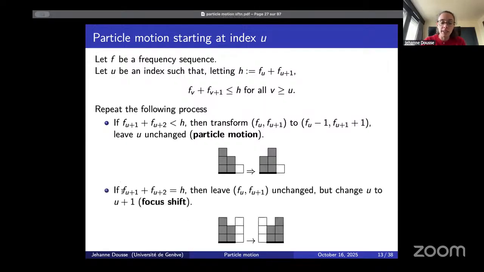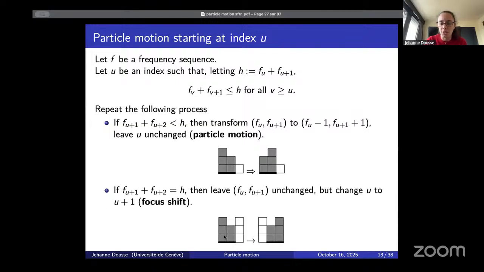In the other case, if the next two frequencies have a total value which is equal to h, which is the case in this example, so we have in total 5 boxes in those two columns, then actually you will not transform those two columns, but you will transform u into u plus 1.